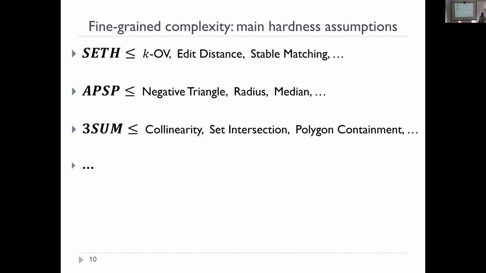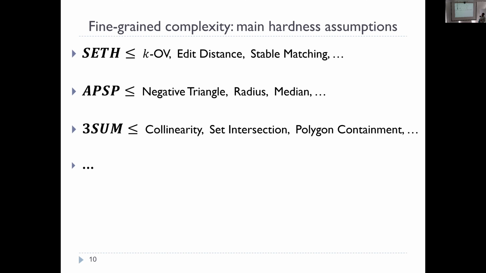So not just exponential time, but it also gives you concretely how much time you should spend, roughly 2 to the n. And then assuming that, you can show hardness for many problems. For example, edit distance. You can show that to solve edit distance, you need to spend n squared time, assuming the SETH.